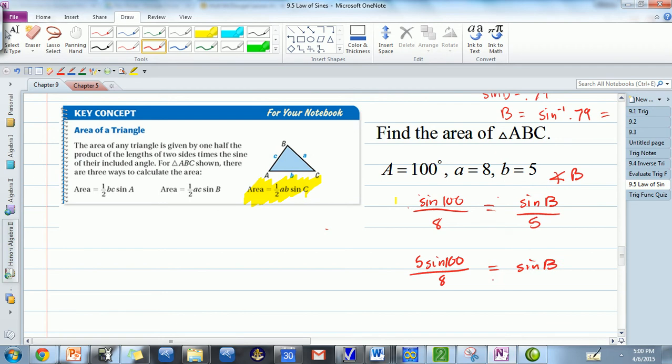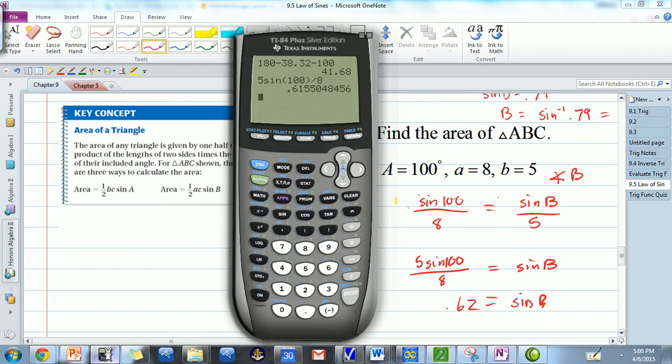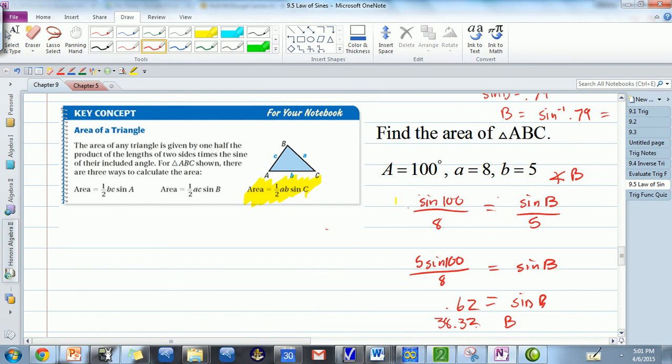So we got to find out what that is. We get that sine B equals 0.62. So from here, we're just trying to find the inverse sine of 0.62. And our angle measurement is 38.31. Let's just say 38.32 and round to the nearest hundredth.